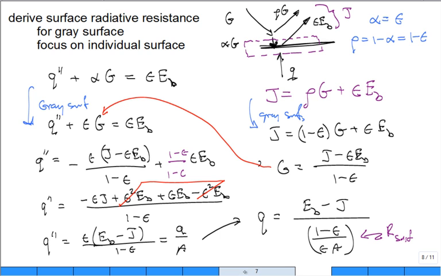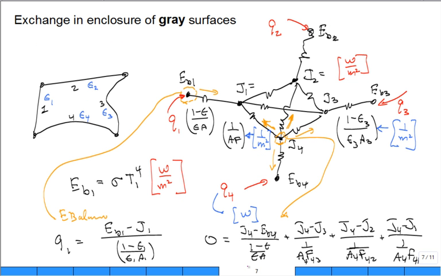Let's jump back to this. I could have an enclosure where some surfaces are gray with the emissivity, let's say 0.5, and one or two surfaces are black. What happens if surface 1 becomes black? What happens to the network? What about this surface resistor if emissivity 1 is 1? It goes to 0. So think about your electrical analog.